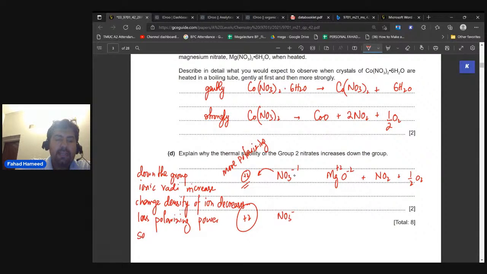So the nitrate ion is more stable. So barium over here at the bottom is not going to be pulling the oxygen from the nitrate ion to it.